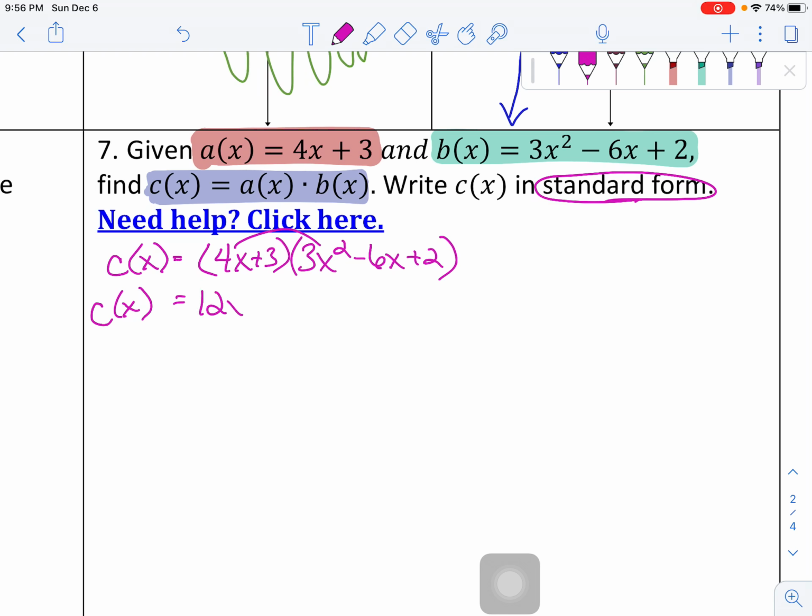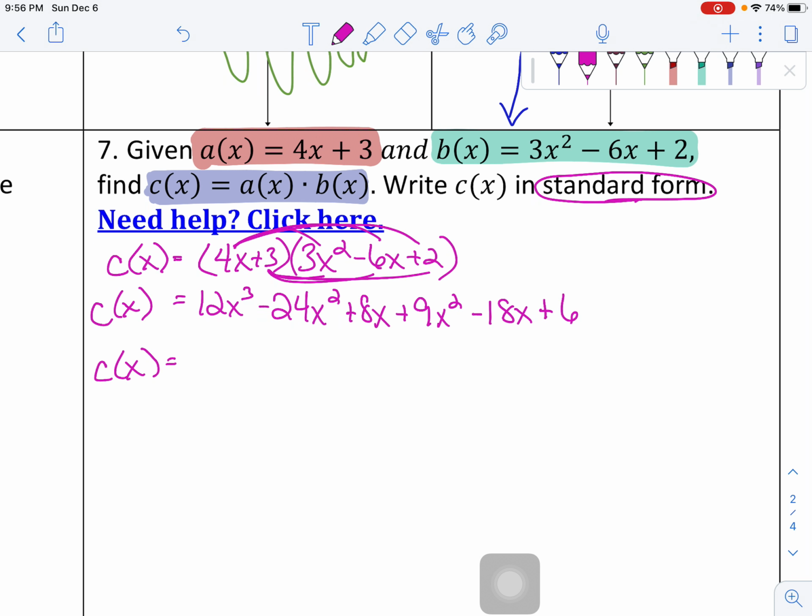All right, so 4x times 3x squared. So this is c of x again. 12x cubed. Distribute some more, minus 24x squared. Distribute some more, so plus 8x. Distribute here, plus 9x squared. Minus 18x plus 6. So c of x is equal to 12x cubed.